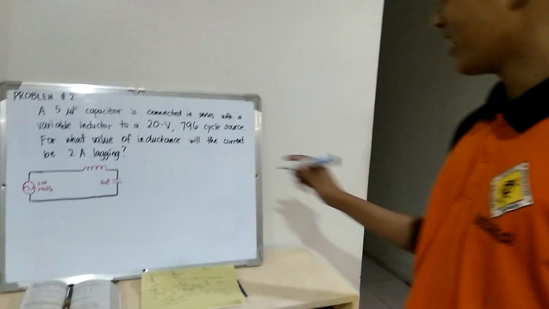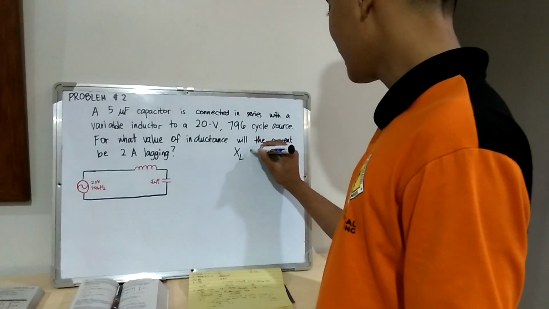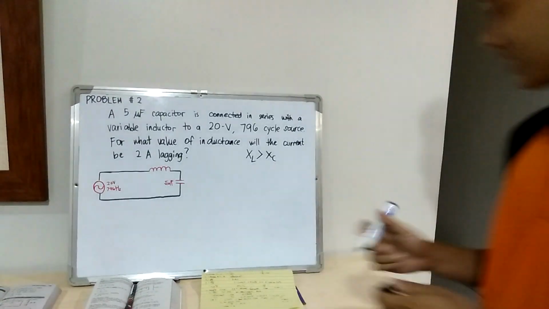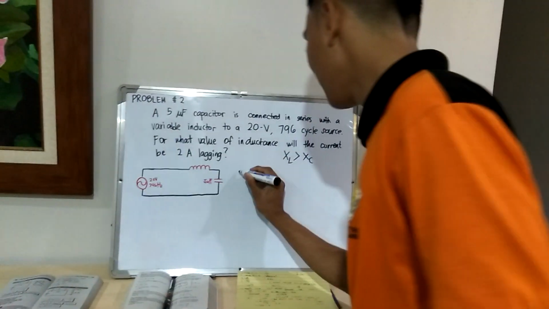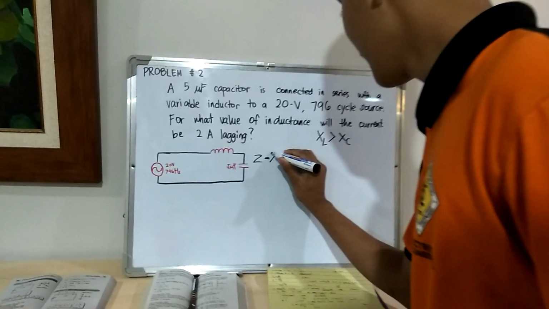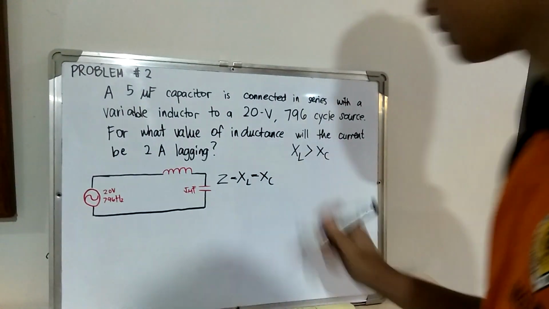So, if it's lagging, the inductive reactance will be greater than the capacitive reactance. So, the formula will be like this. Z is equal to XL minus XC.